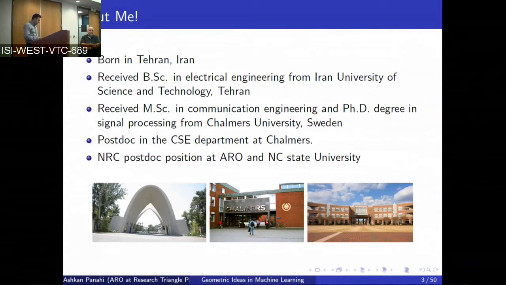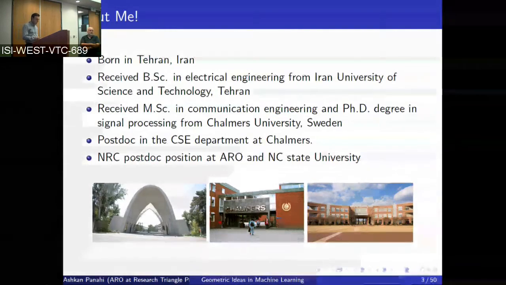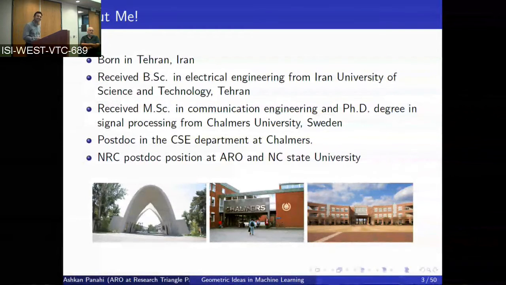And then I moved to the computer science department in Chalmers, where I did more machine learning stuff, mainly related to NLP, but there we started to do larger scale optimizations until I received an award for research in the US by the National Research Council, and I moved to North Carolina, where now I'm doing my research. So this is a little bit of my background in general, and you have the pictures of different universities. They're pretty diverse in shape.